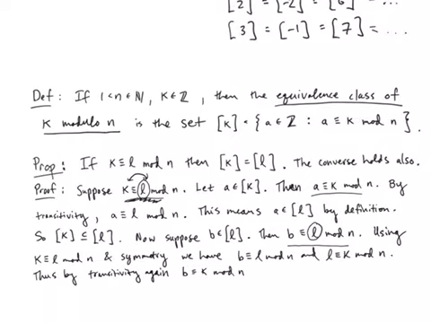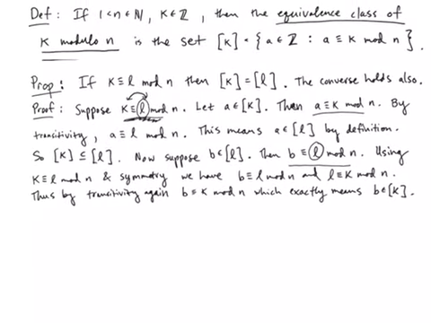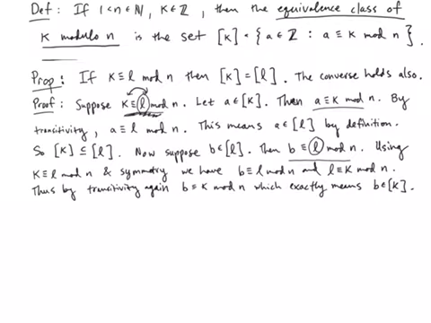And this exactly means that b is in the equivalence class of k. Okay, so this shows that the equivalence class of l is contained in the equivalence class of k. So the equivalence class of k equals the equivalence class of l.